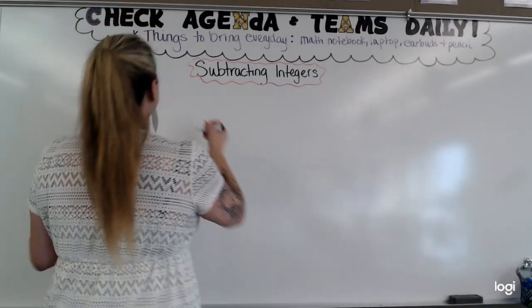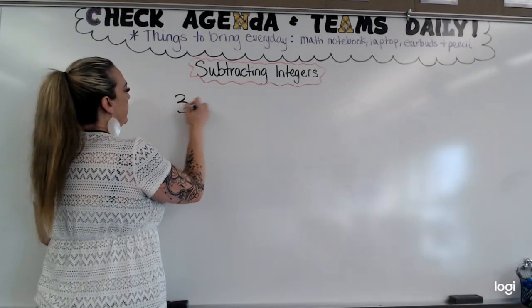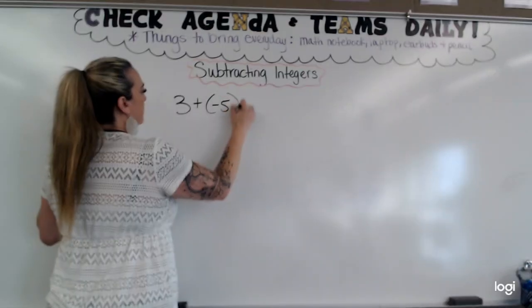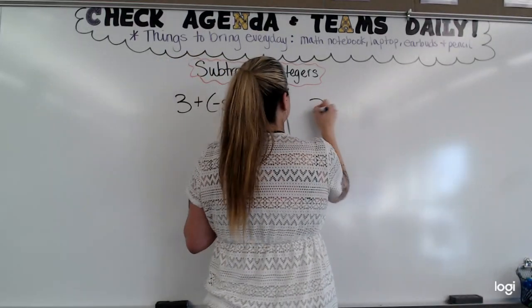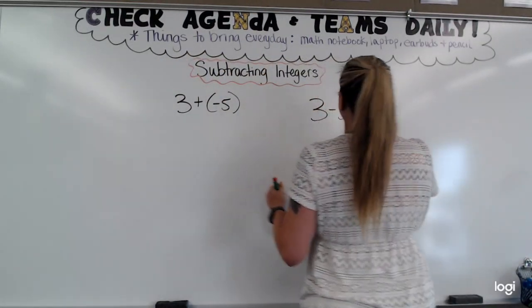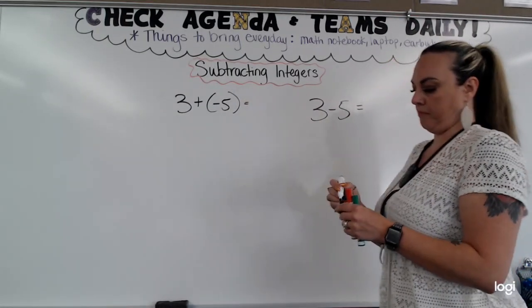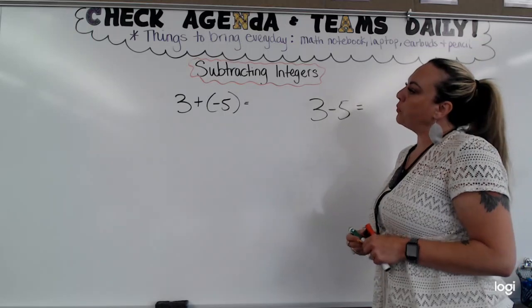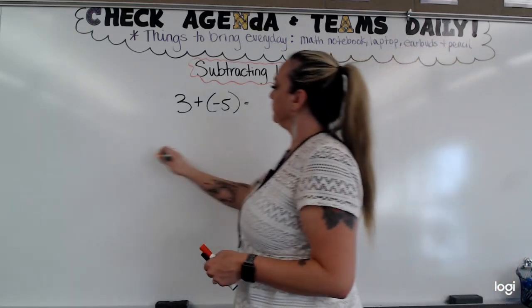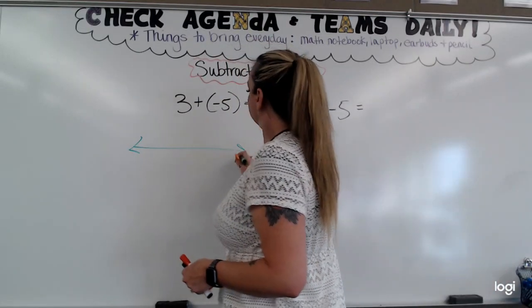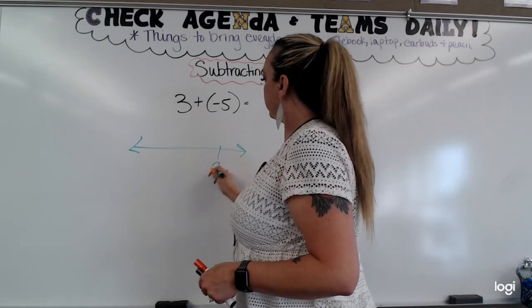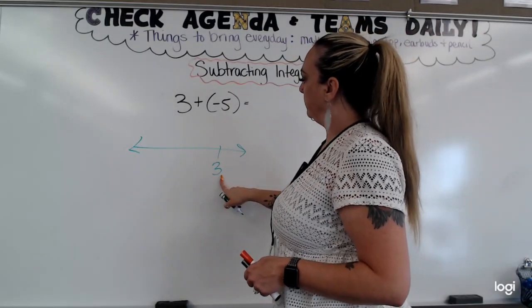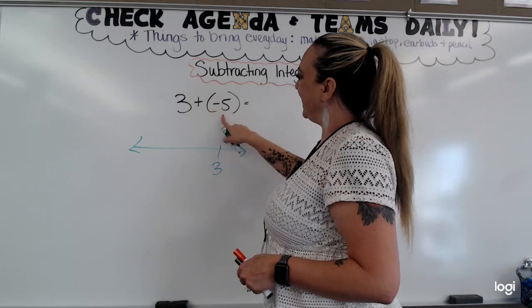So let's look at 3 plus negative 5 and how that compares to 3 minus 5. Well, if we were on a number line, we would start at positive 3, but we would be adding negative 5.